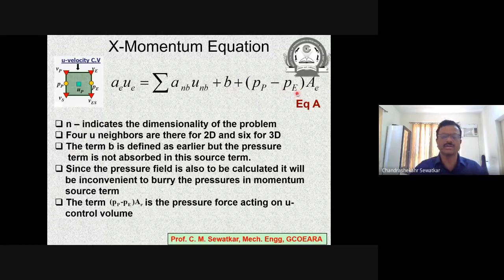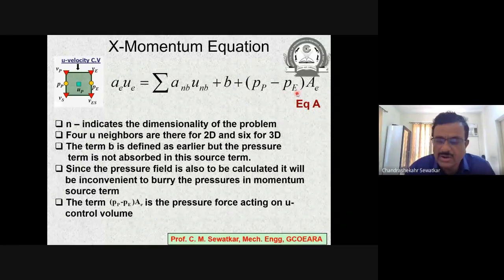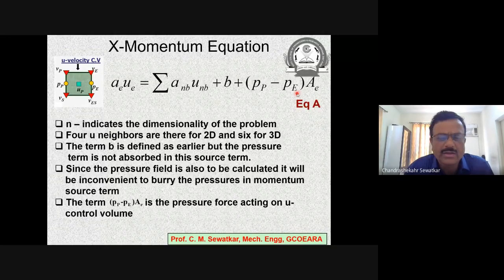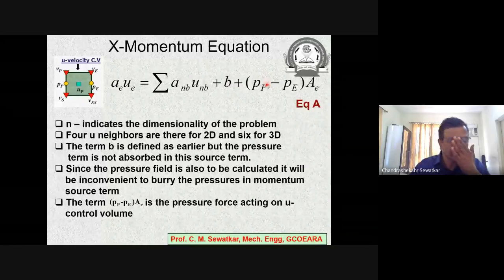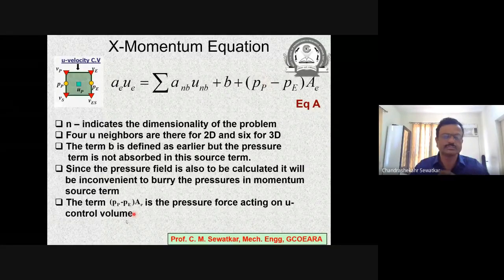I said in the earlier cases that B is whatever is left, but here the pressure is also there, and we are keeping the pressure term aside because we want to deal with it separately. Since the pressure field is also to be calculated, it will be inconvenient to bury this particular term in B. The pressures in the momentum equations cannot be buried in term B, because we want to calculate pressure at the cell centers also.